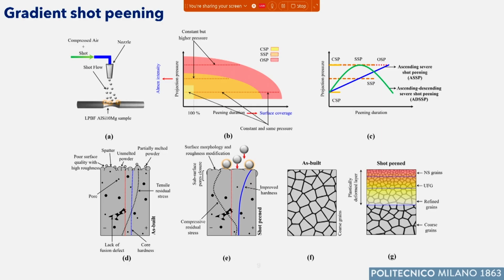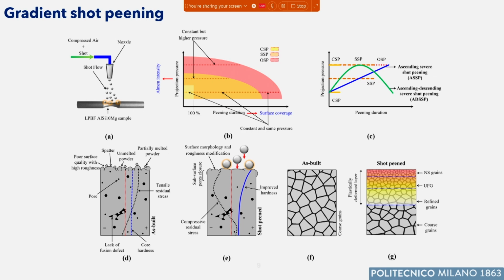Let's see what is gradient shot peening, before defining the parameters we have used. You already know, at least partially, this figure. Here we are representing the different effects induced by shot peening. Here you see what we have done, the shot peening treatment. Here you see the other graph that I have just commented on, where the different zones that define CSP, conventional shot peening, severe shot peening and overpeening are drawn.